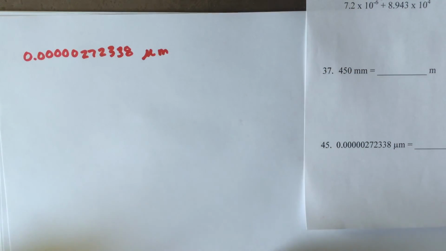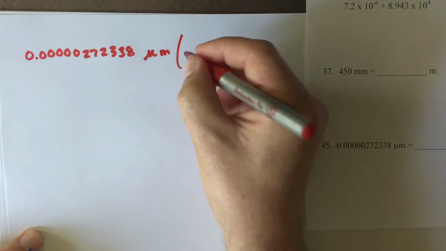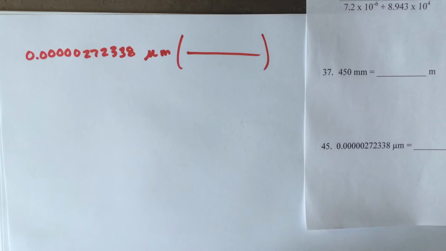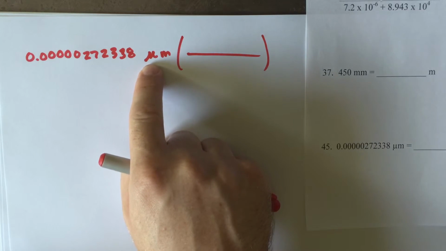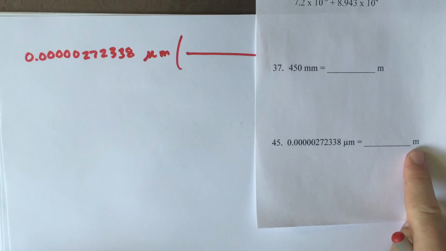I like to put that over 1, but it really doesn't matter. Times a fraction. And this fraction is going to cancel micrometers and get me into the units that I want to be in, which for number 45 is meters.